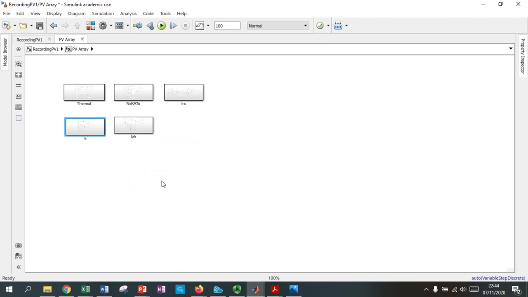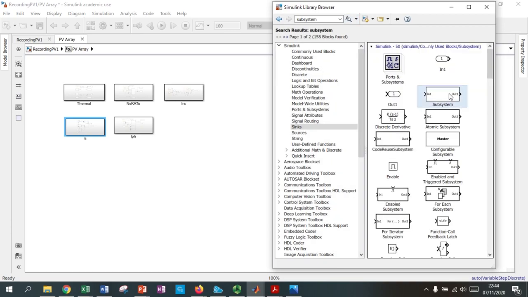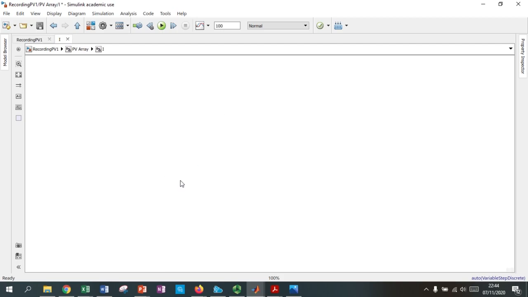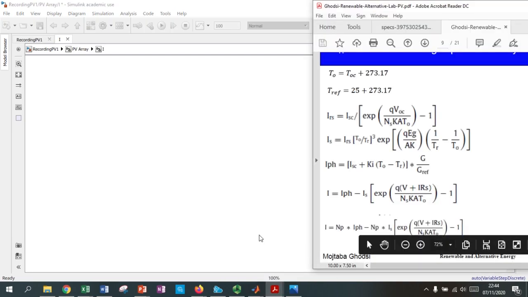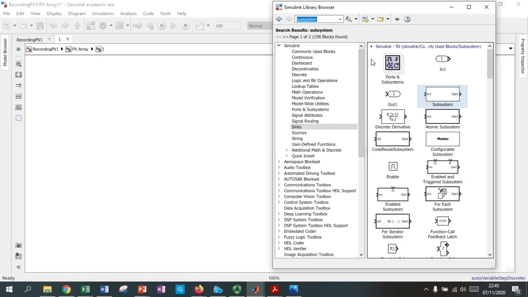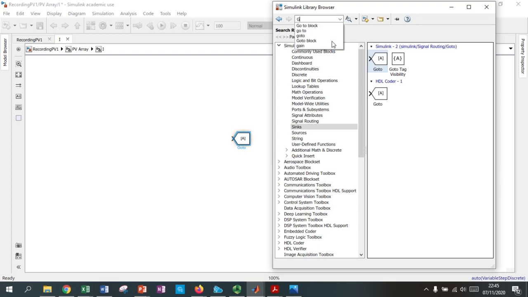In order to make I, again I will use the subsystem, and in this subsystem, this is the I. Now I is equal to NP times IPH, then we need to use the Go To block.